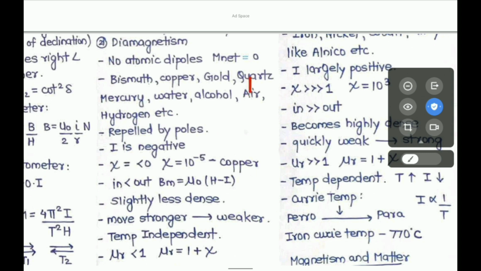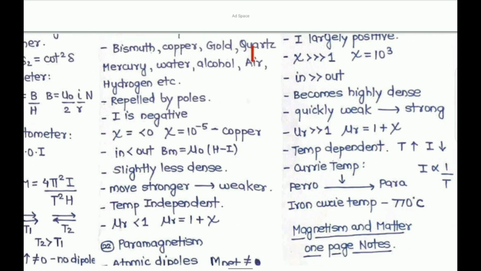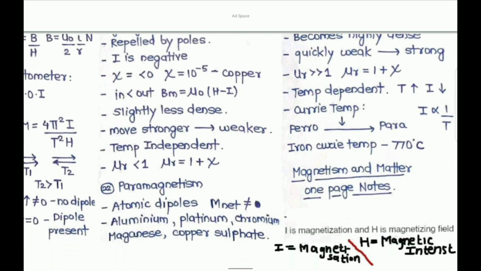So in diamagnetism, no atomic dipole is present. It is repelled by the pole, I is negative, slightly less dense, moves from stronger field to weaker field, temperature independent, relative permeability less than 1.